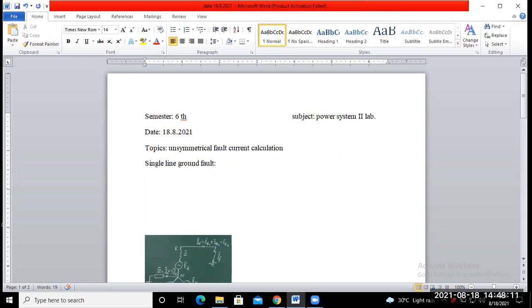Whatever we assumed in the symmetrical fault current calculation, that means when the fault takes place, we assume that the alternator is at no load condition. That means no load current flows or is supplied through the alternator.